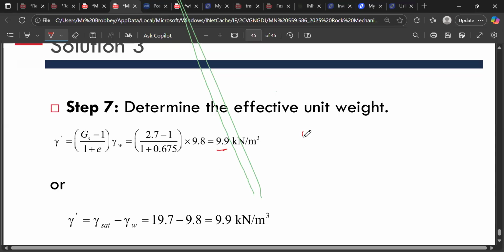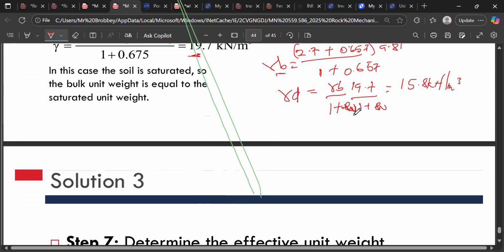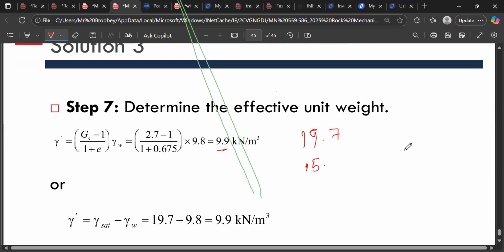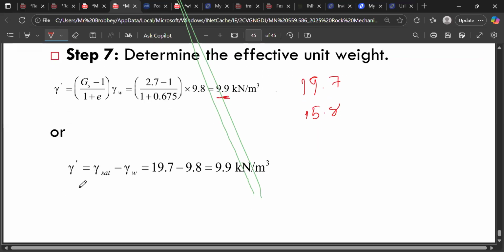So for the bulk unit weight, that was 19.7, and the dry, which was 15.8, it is just 9.9 kilonewtons that is affecting the system, right? You can also say that the effective unit weight is the saturated unit weight minus the unit weight of water.